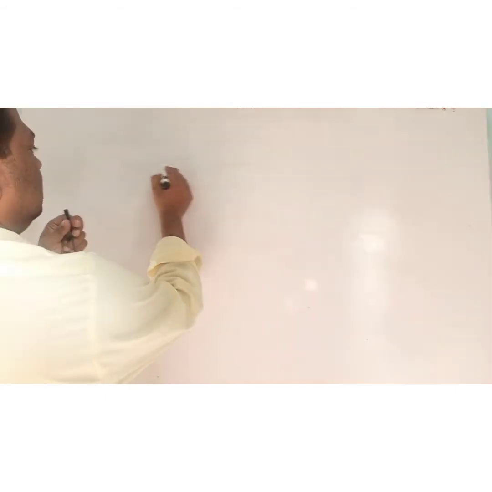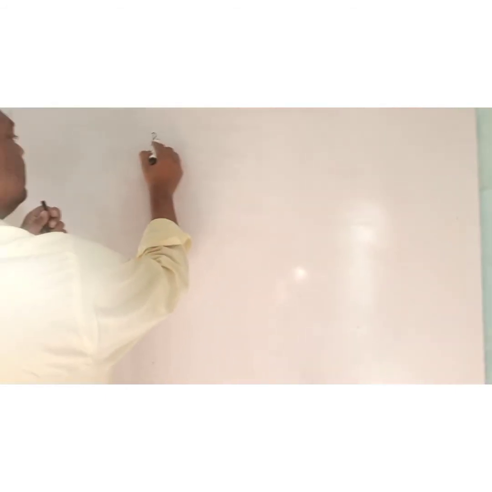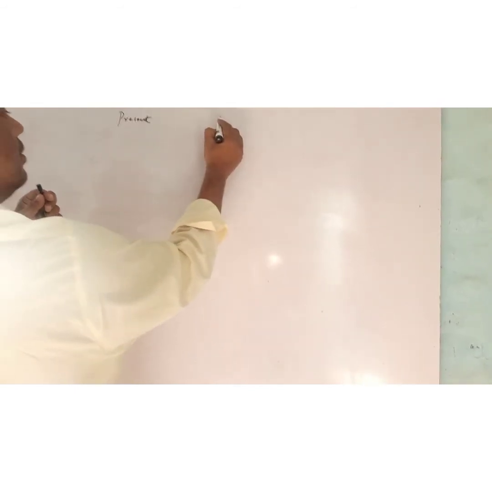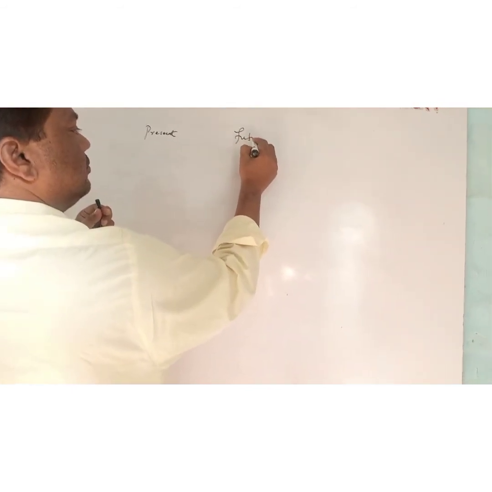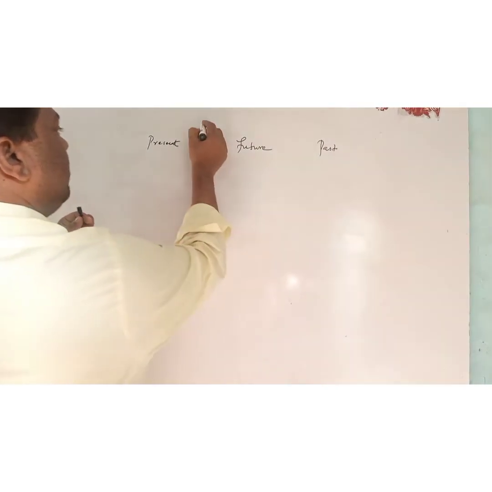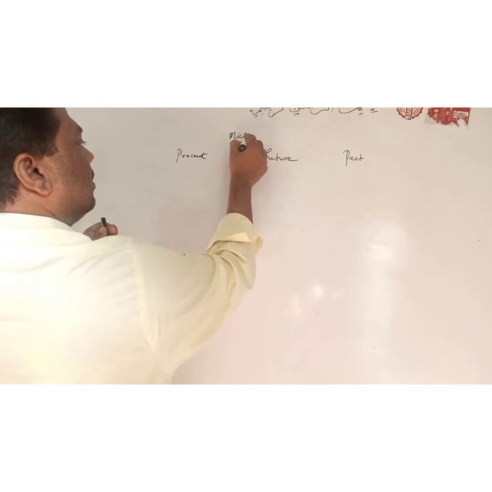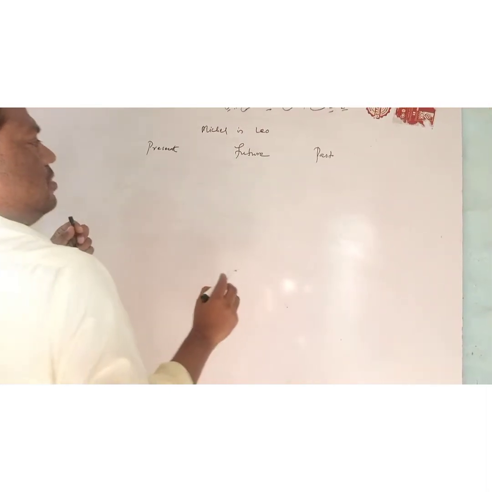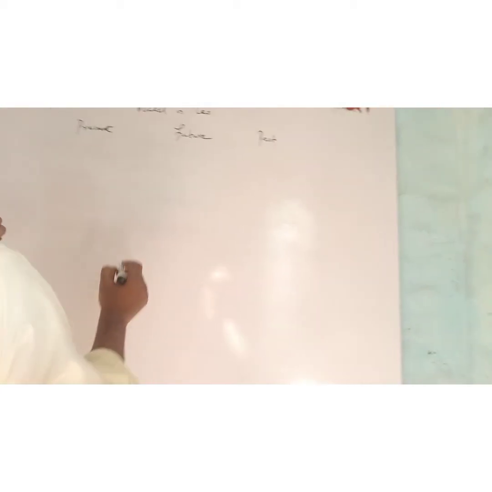Now I am going to a graphic system, table system. You have learned this is present, future, and past. And Michael is a Leo zodiacal sign.